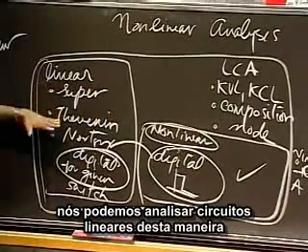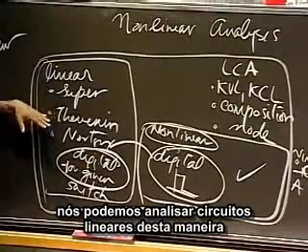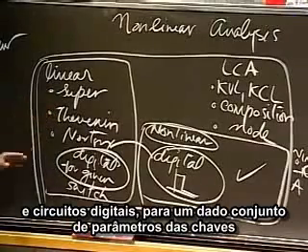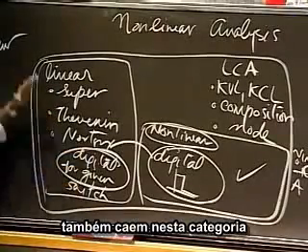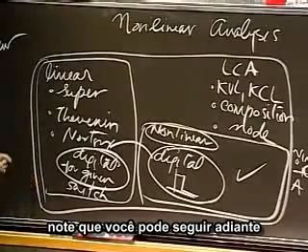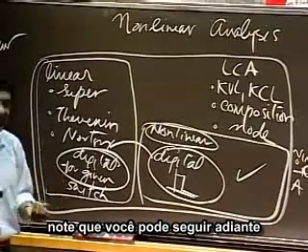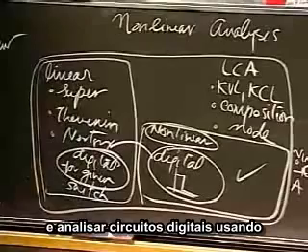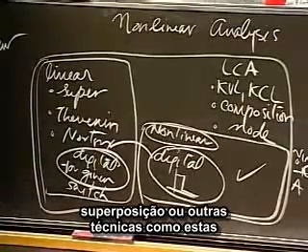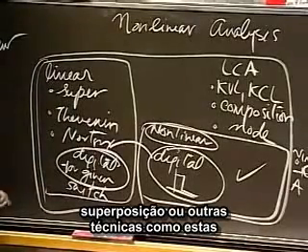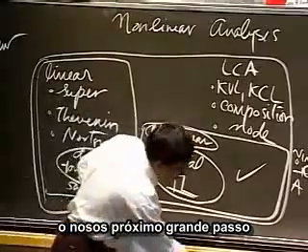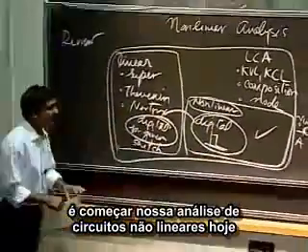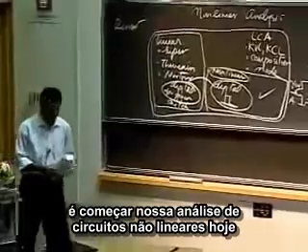And we can analyze linear circuits in this way, and digital circuits for a given set of switch settings also fall within this category. So notice that you can go ahead and analyze the digital circuits using superposition or other techniques like that. So the next big step for us is to begin our analysis of nonlinear circuits today.